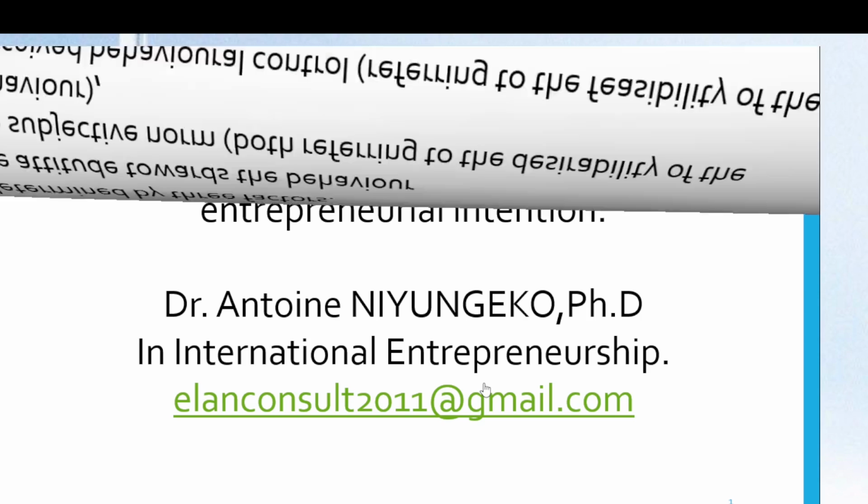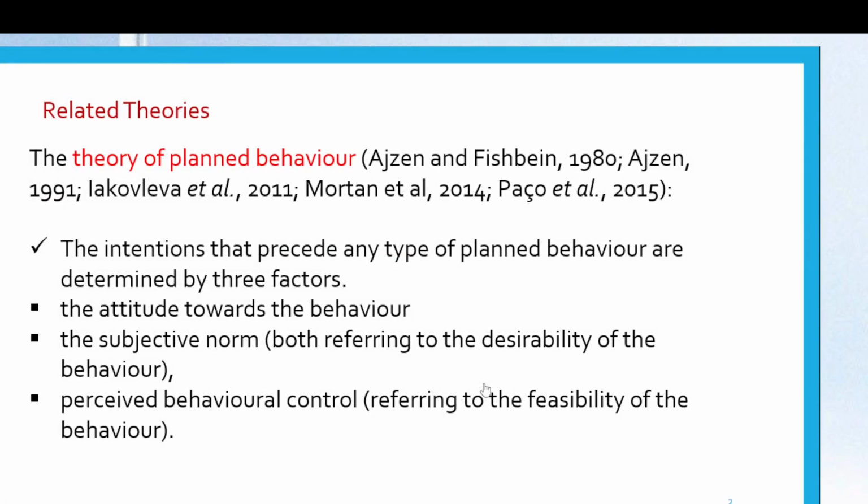Now, when you look at the theories which were developed to make a model of the determinants of entrepreneurial intention, we found that we have mainly two theories. The first one is the theory of planned behavior developed by Ajzen.